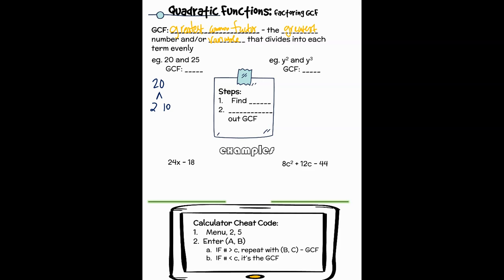We're just getting down to our prime numbers. 10, what makes up 10? 2 times 5, and those are our prime numbers there. 25: I never do the number and 1 because then we're basically just starting out at the number. So we're trying to find the prime numbers 2, 3, 5, 7, 11, the ones that don't have any other factors besides 1 and itself. So 25's factors are 5 and 5.